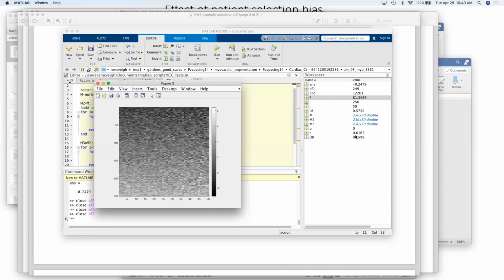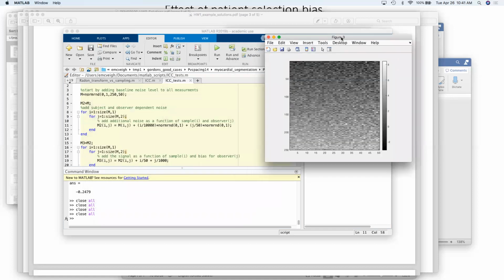And again, it drops our ICC, right? Because the relationship between the measurement and the noise on that measurement is such that this is what our reproducibility is for this set of observers, right? Because they're noisier, right? I'm just doing this interactively.